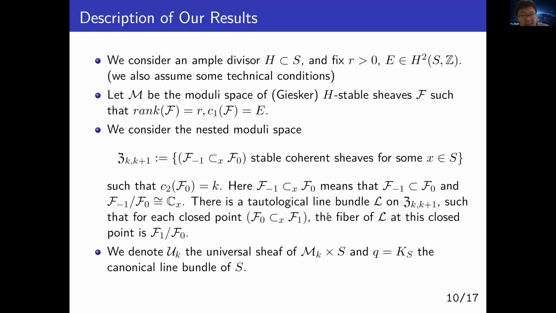Oh, okay. So in the first point, U_k is a universal sheaf. You are considering the moduli space M_k instead of the nested moduli space, right? Yes. U_k is the universal sheaf on M_k, not on the nested one.